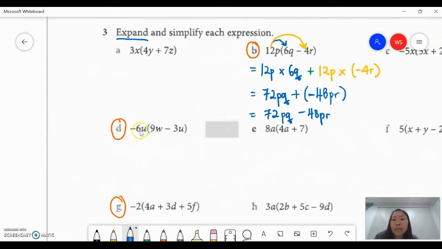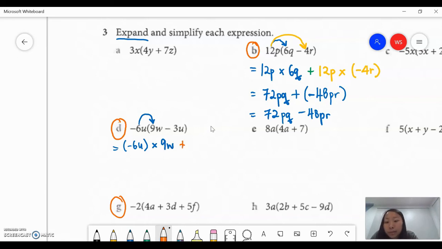Now we have a negative number or algebraic term on the outside of the brackets, but it's the same practice of the distributive law. So expanding that, we have negative 6u, and please put that in brackets, times your first term on the inside, which is 9w. Then in the middle, your plus sign, followed by negative 6u times minus 3u.